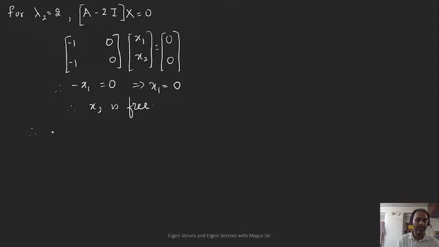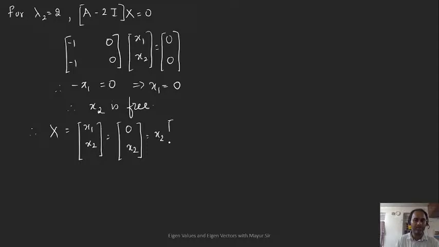So I have my capital X as x1 x2, x2. Here x1 is 0, x2 is x2, no change for x2. So x2 coming here, it is 0 and 1.